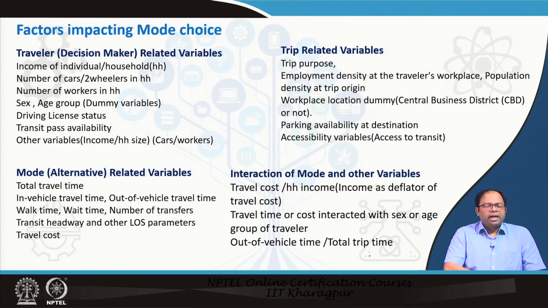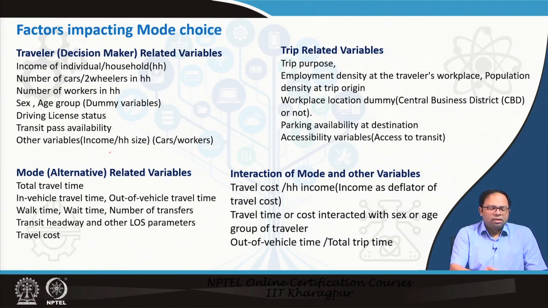So, these are some of the factors impacting mode choice. For travelers, decision maker related variables, these are some of the characteristics commonly used, like income of the individual or the household, number of cars or two-wheelers in the household, number of workers in the household, sex, age group, dummy variables maybe for the household head, then driving license status, transit pass availability, and other variables like income divided by household size or cars per worker.